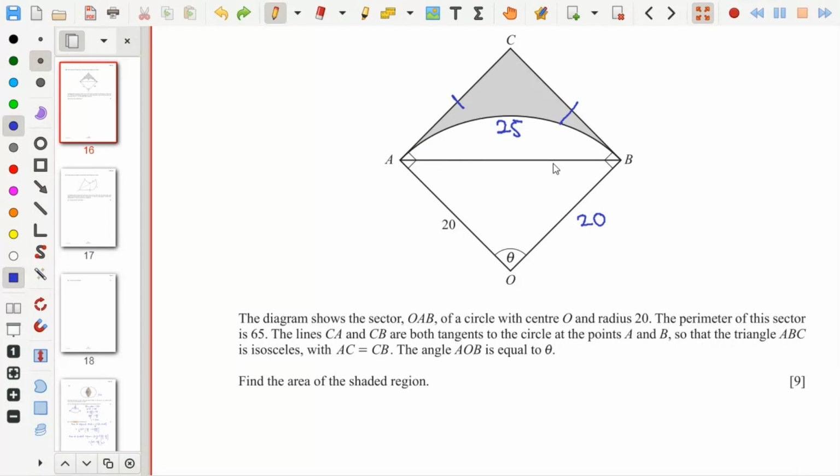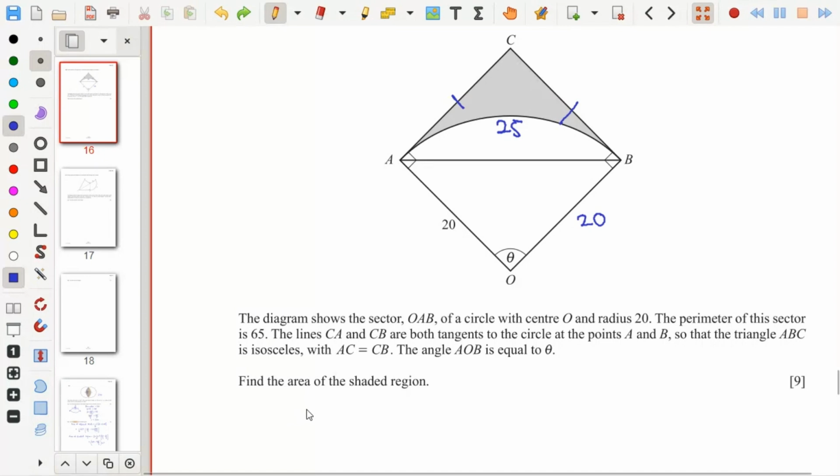Then they tell us that angle AOB is theta. So now let's see how best we can answer this one. To start with, we can find the angle here, theta. Why?